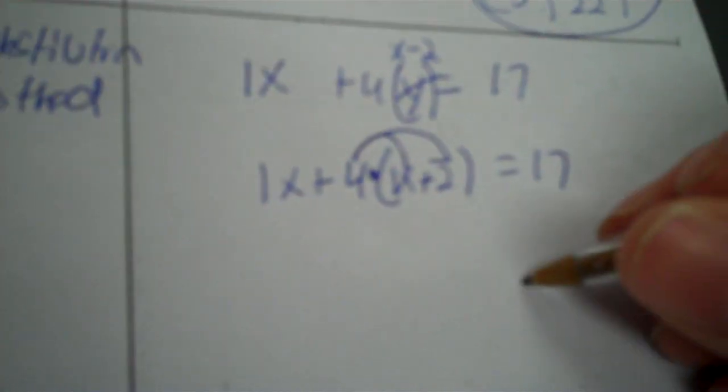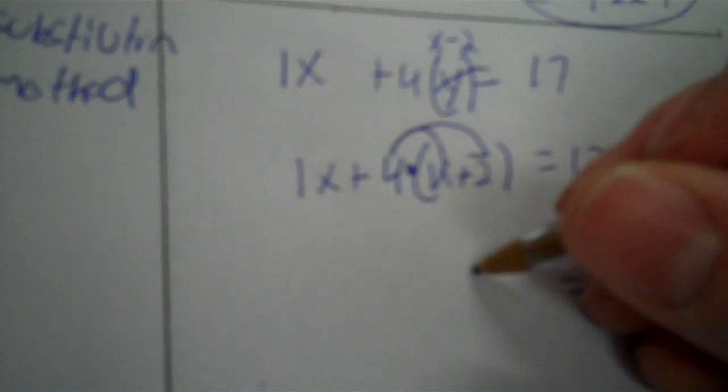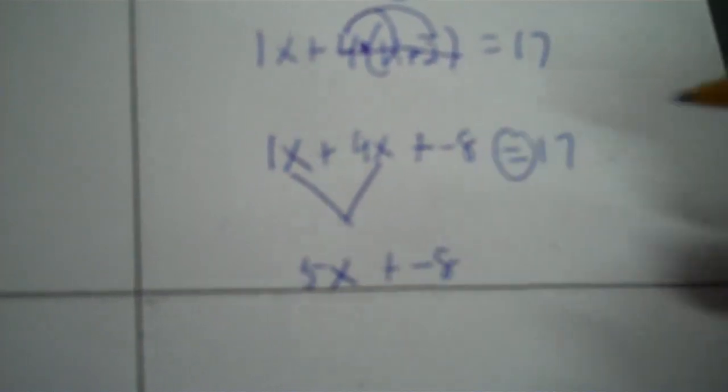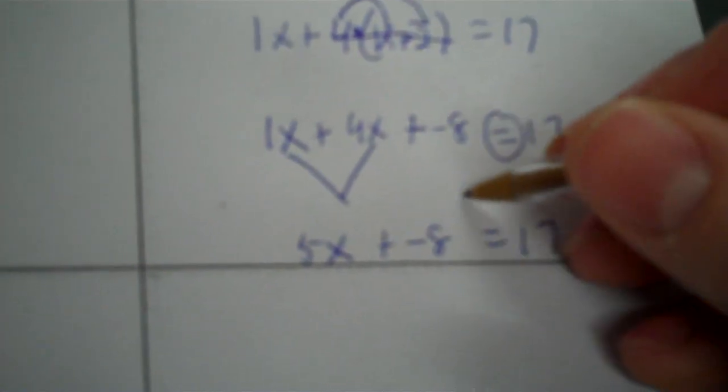When I distribute, I always like the plus sign better, so I can just drop it. 4 times 1x is 4x, 4 times negative 2 is negative 8. Remember, plus negative 8 is the same as minus 8. Then you have the 1x that needs to be added. So your x's need to be combined by adding, so 5x plus the negative 8 equals the 17.